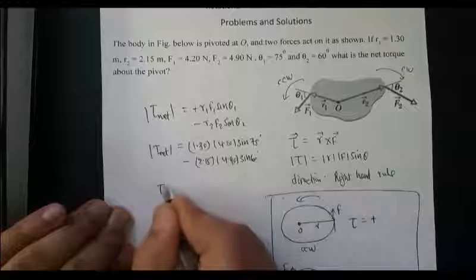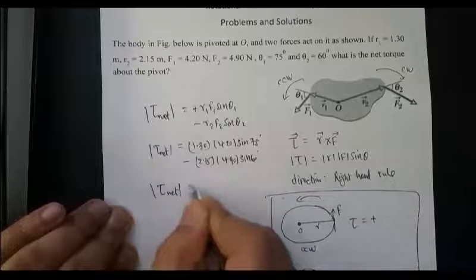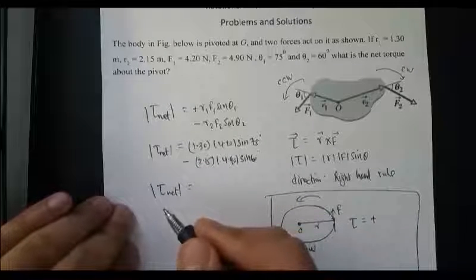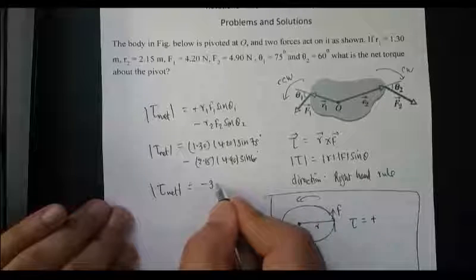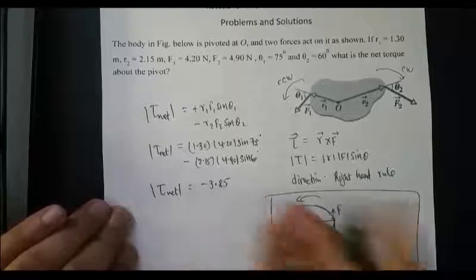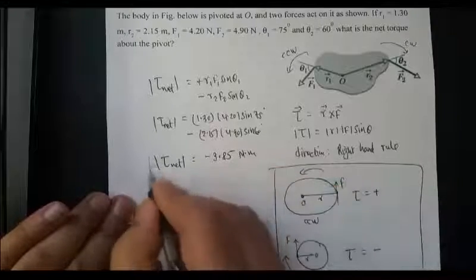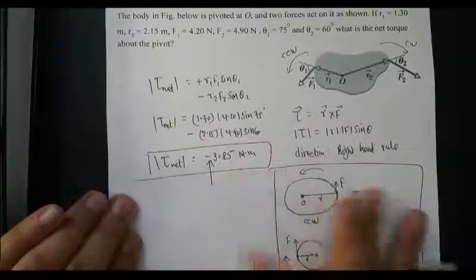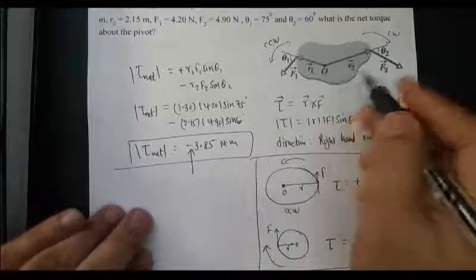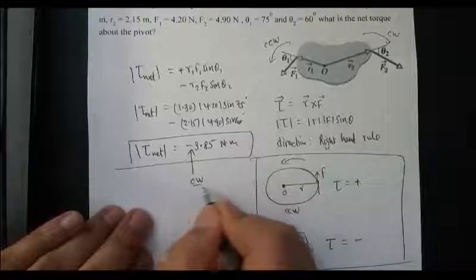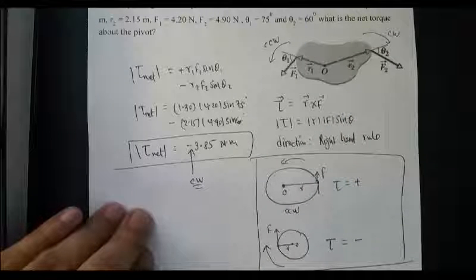If you do this calculation, you're going to get negative 3.85. It could be negative or positive. Here you get negative torque, which simply means this rigid body will eventually rotate clockwise. So that's it.